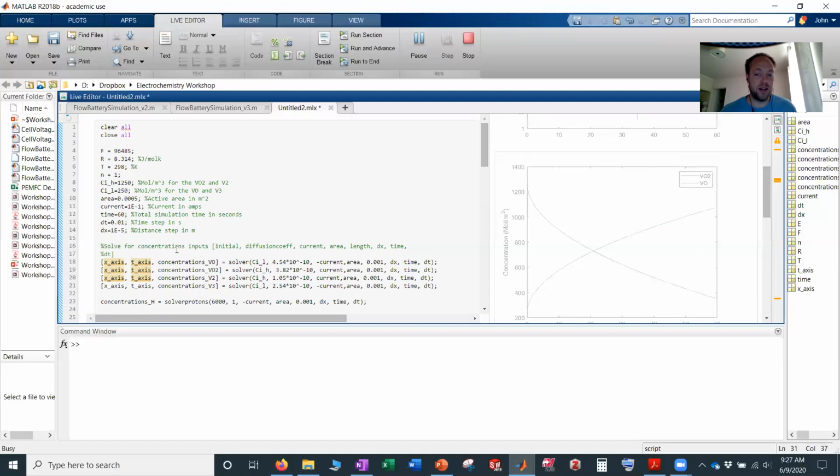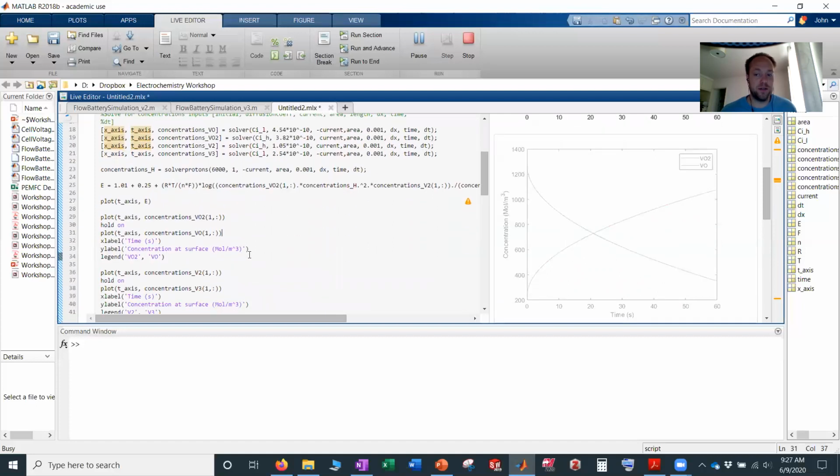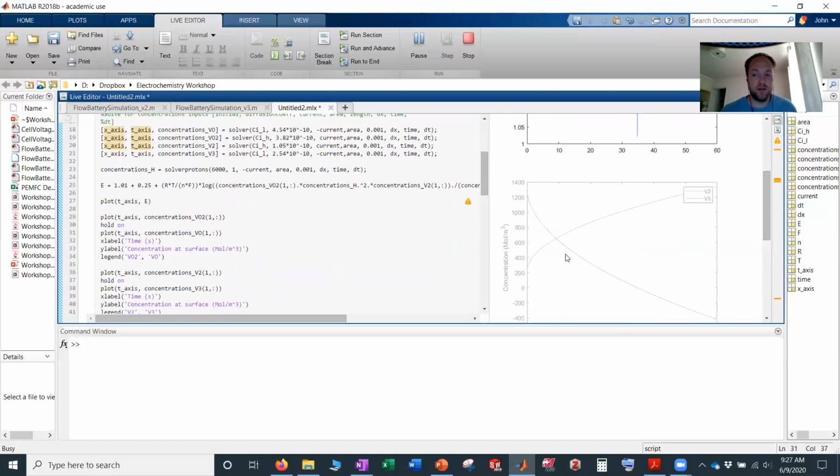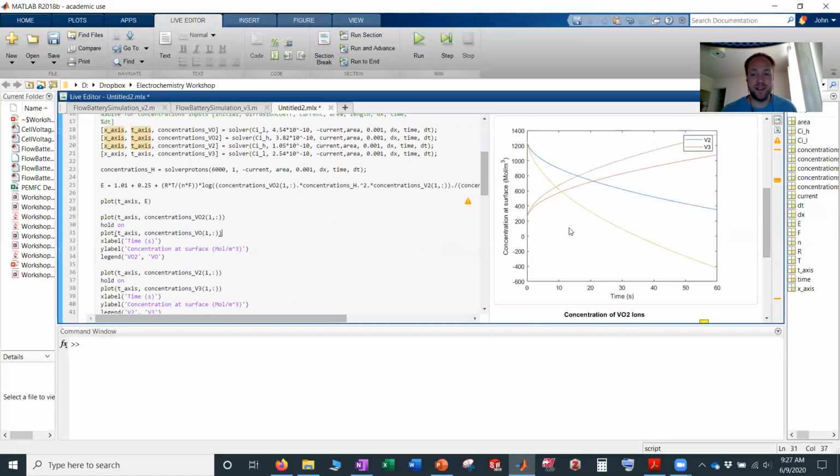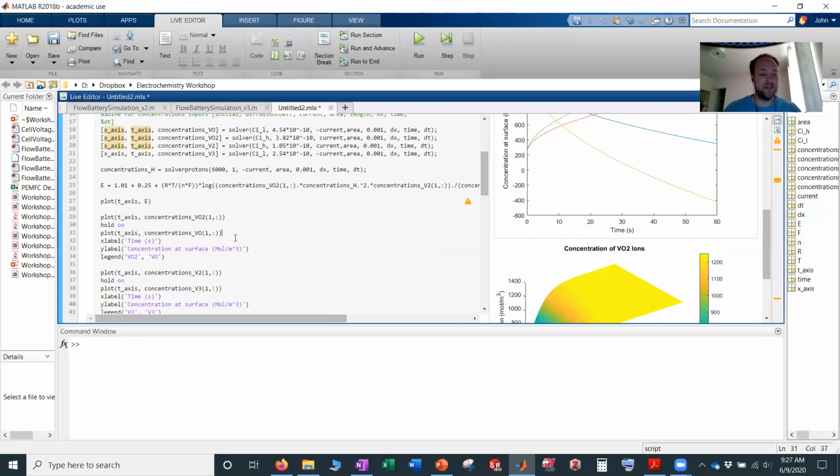You can tell it always takes time to run through this part of the code. Yeah, so after the hold on, it does everything, right? So you have to give it a hold off.